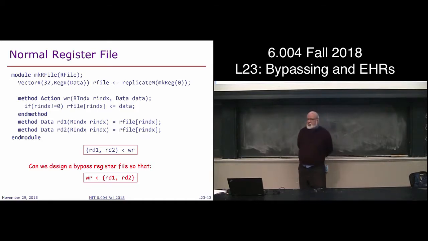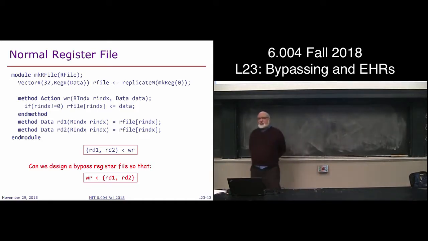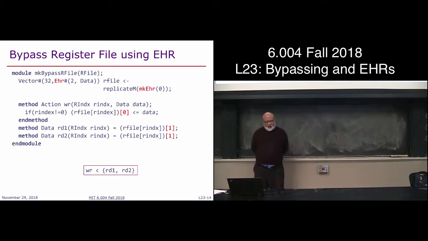And if we continue with this idea that we have so far, what we could do is the following. I can just declare the whole register file to be EHRs. So each element of my register file is going to be an EHR, right? And does this code make sense? I changed the declaration so that instead of instantiating registers, I'm instantiating EHRs.